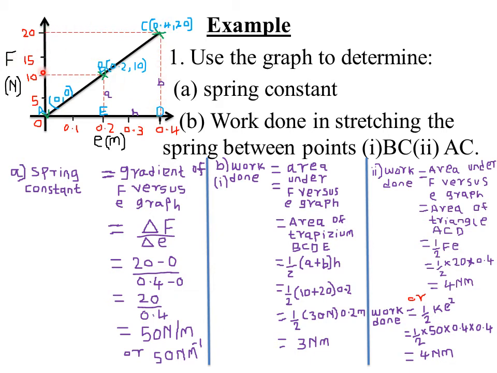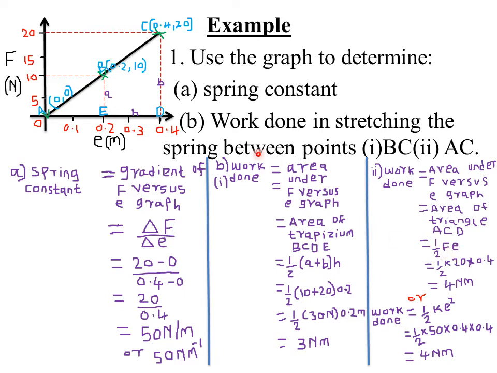The base is this horizontal distance, that is distance AD, and we are moving along the extension axis. So the work done will be FE, that is base times height, or the force times the extension, because F is our height and E is our base.